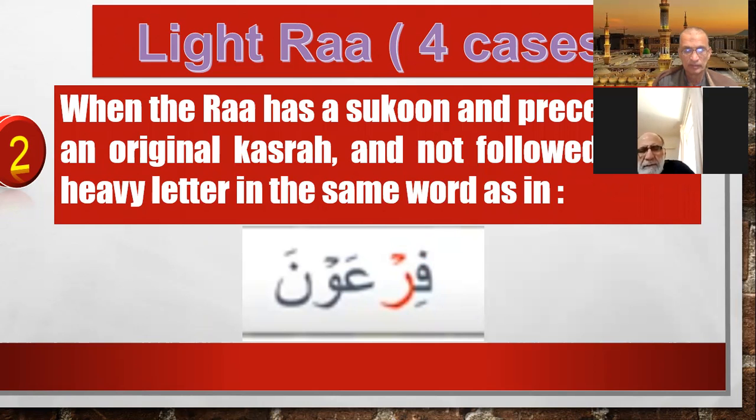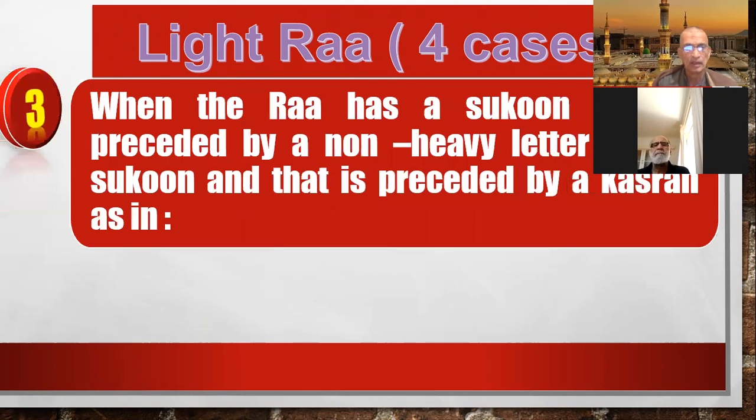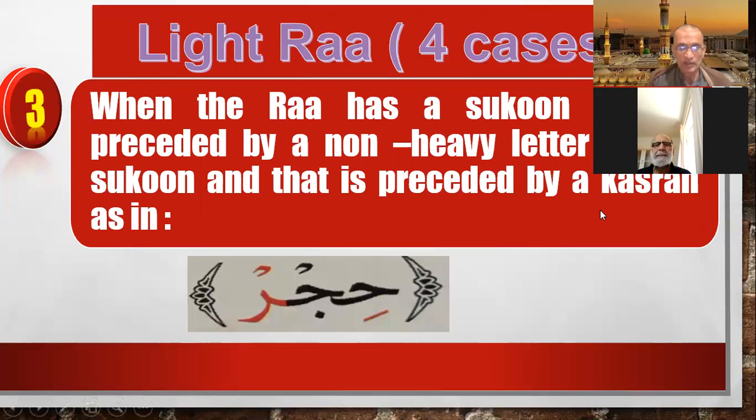Understand? Yes, Sheikh. Number three, when the Ra has a sukun and is preceded by a non-heavy letter with a sukun, and that is preceded by a kasra, as in Hijr.